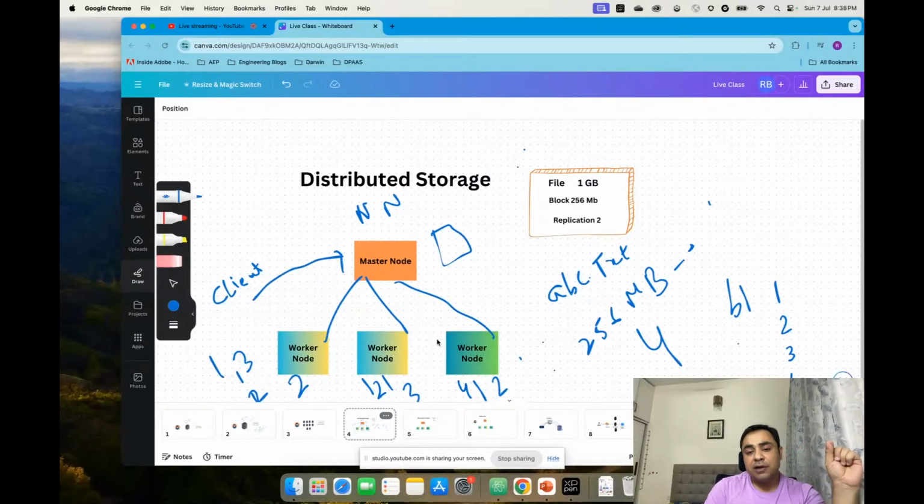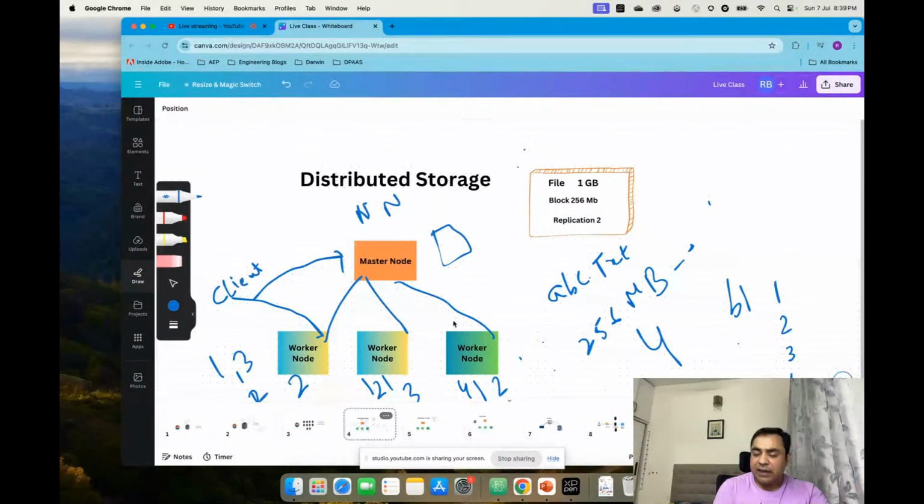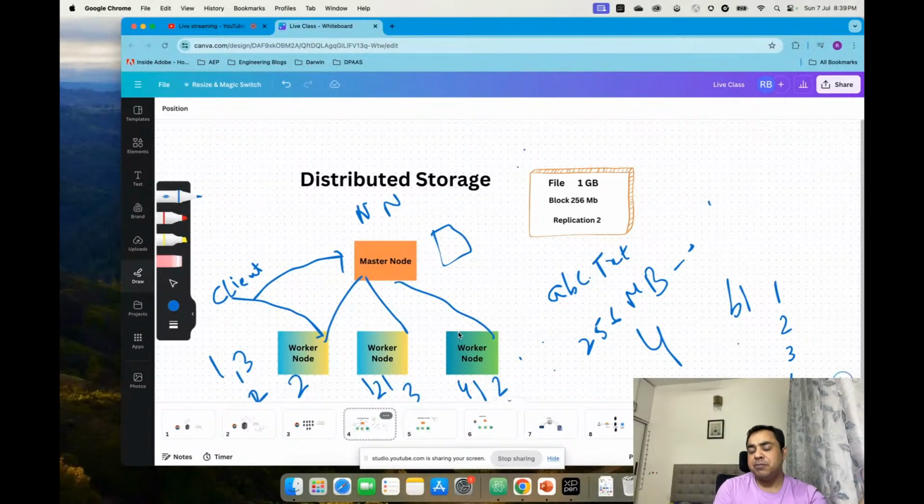So all in all, if you have to store a large file, that file gets broken down into a number of blocks. The master node or name node will maintain the metadata of the file, that is, which block should get stored in which location. Then the client will get this information, make a direct connection with the different worker nodes, and write the data. If the replication factor is set, the data will internally be copied to different nodes.